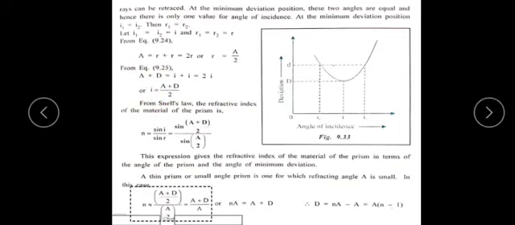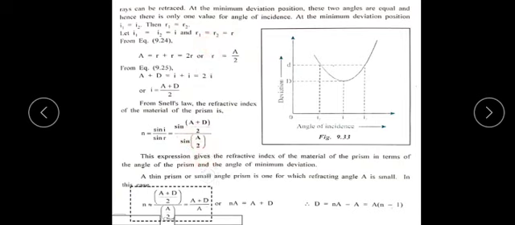From Snell's law, the refractive index of the material of the prism, n, is equal to sin I by sin r. In the above equation, keep sin as it is. Instead of I, write A plus D by 2, and again keep sin as it is. Instead of r, the value is A by 2.